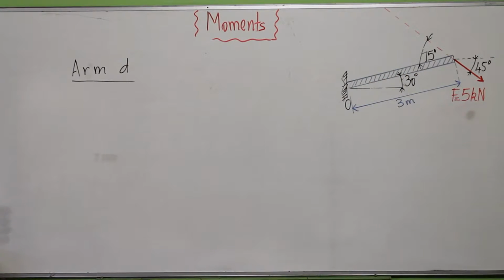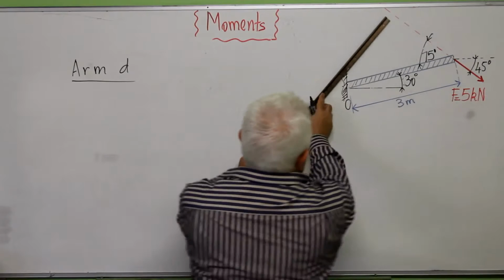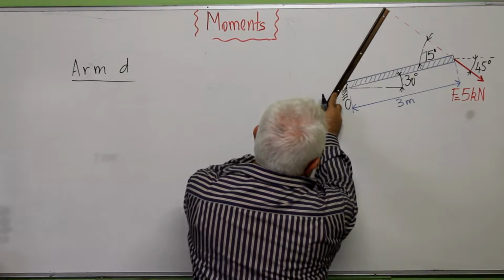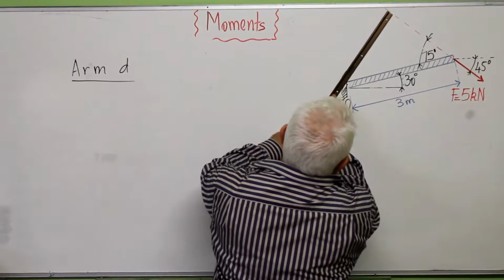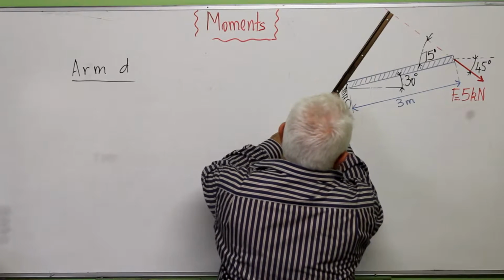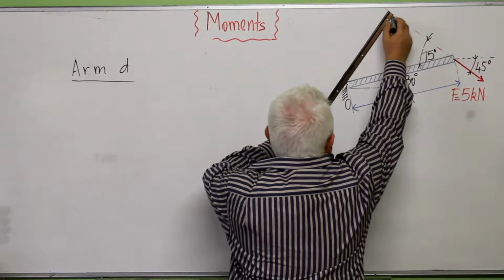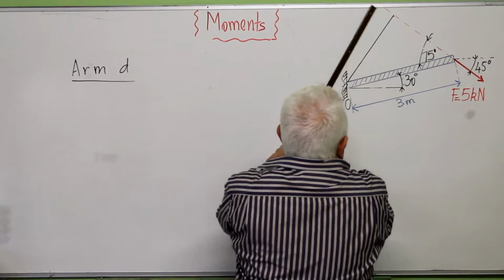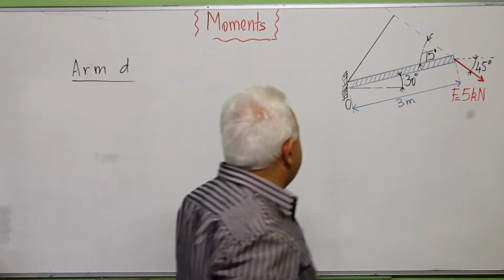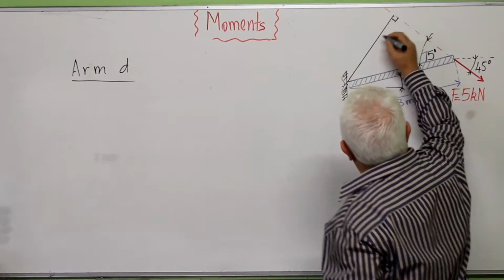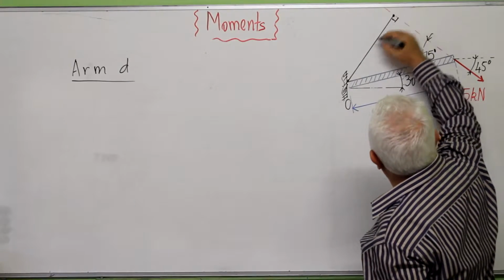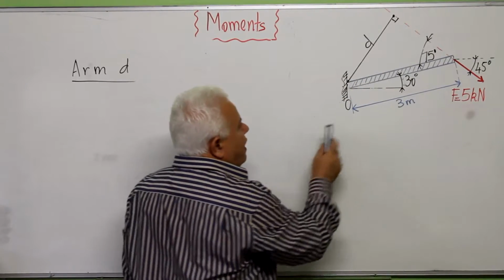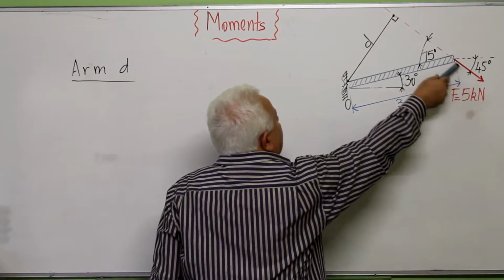So this perpendicular distance will be somewhere here. This perpendicular distance, we call it the arm D. How to find it?